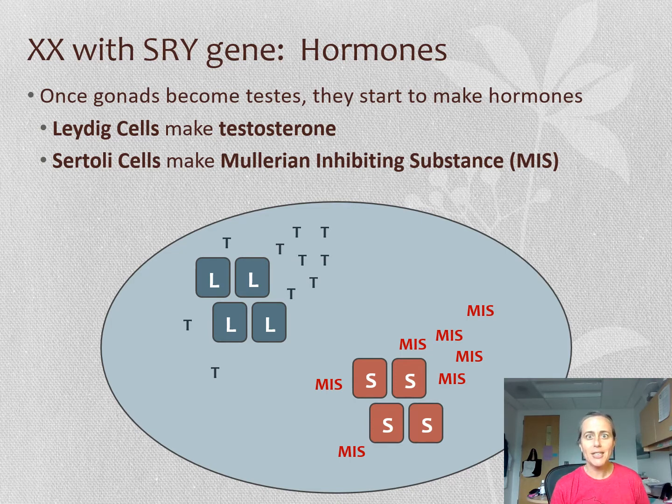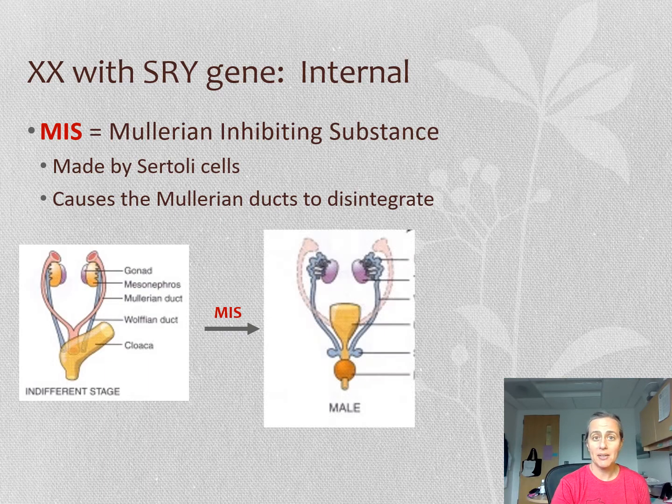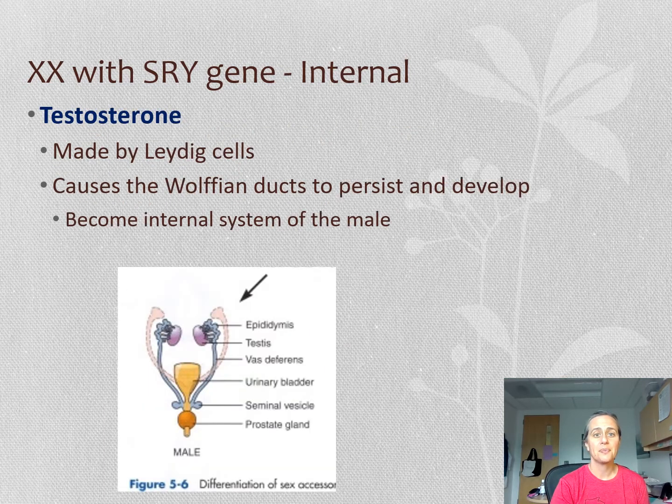This is sounding really familiar. That MIS is going to cause those Mullerian ducts to degenerate and disappear. And the testosterone is going to cause those Wolffian ducts to persist and develop and become the internal ductal system of the male. Really familiar.